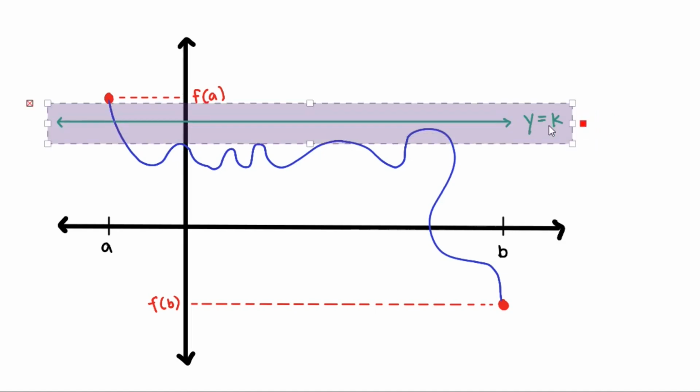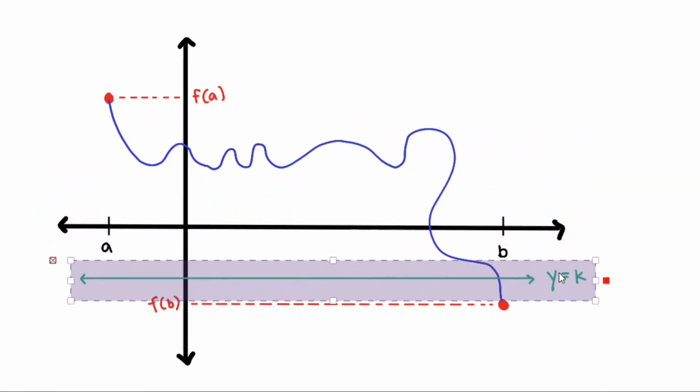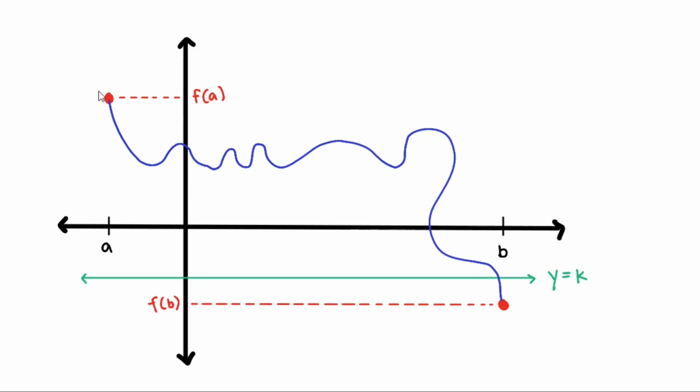Now, if we try to move this out here, but it's still in between f(a) and f(b), then there would still be a c such that f(c) is equal to k. So basically, it's technically just common sense, but the Intermediate Value Theorem helps define this idea formally. I hope by this illustration, the idea on the Intermediate Value Theorem is now more understandable, since the definition is quite technical.